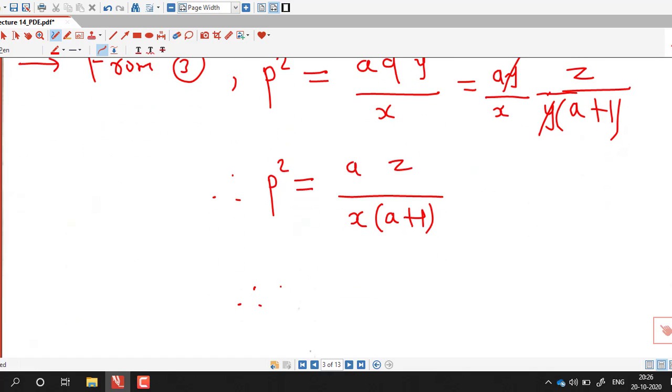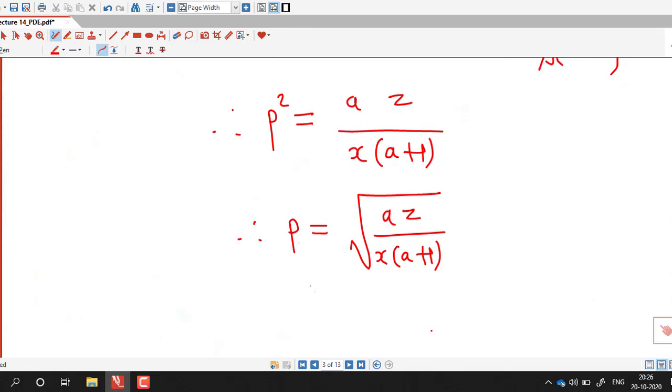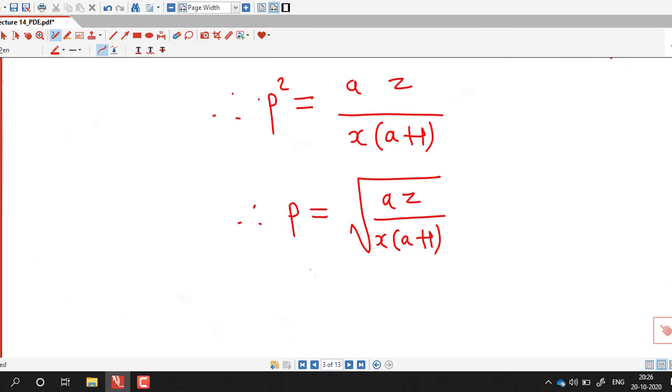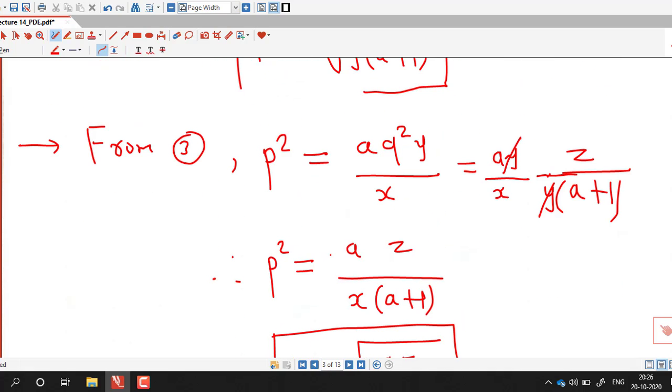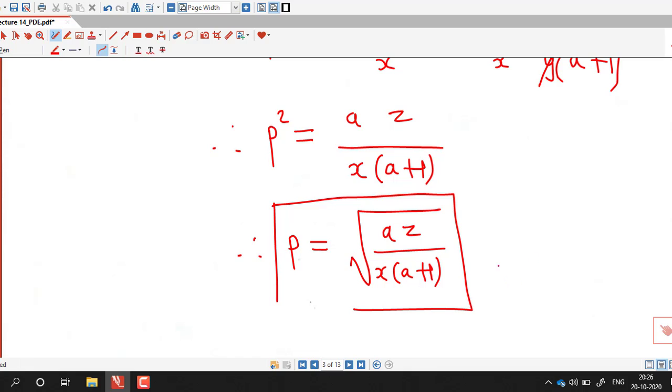So therefore small p is nothing but under root of a z divided by x into (a plus 1). Now we give this number 4 or 5. So we have now values of small p and small q.